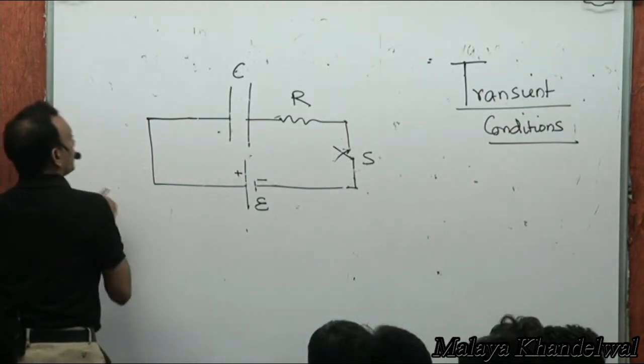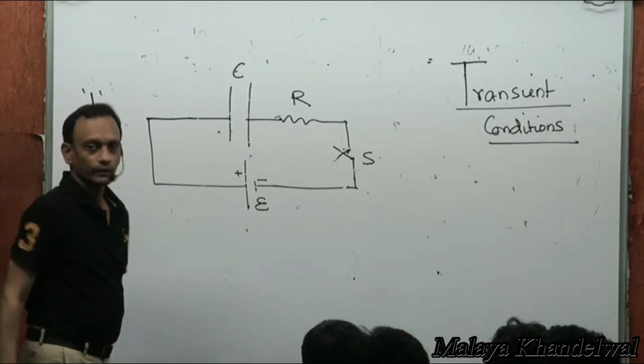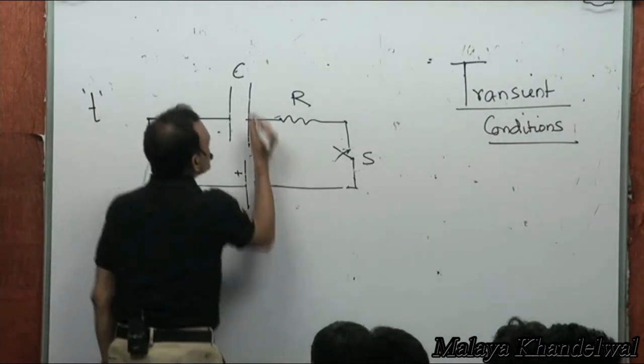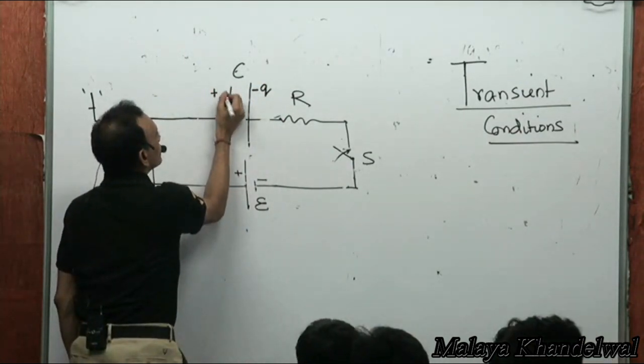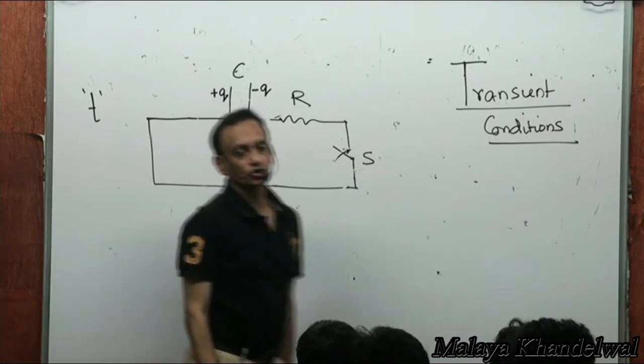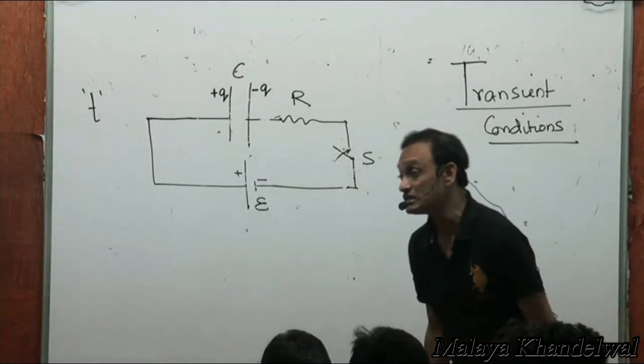So after t equal to 0, let's say at an instant of time t, this would have lost until then a charge q, which would have deposited on this plate. This is an instantaneous situation of the circuit.